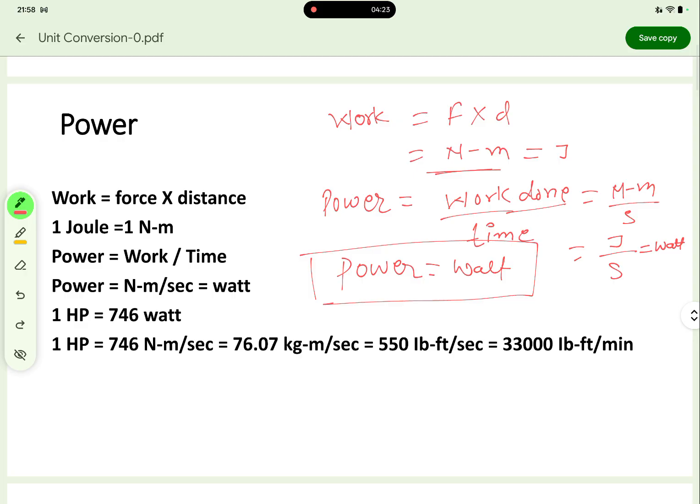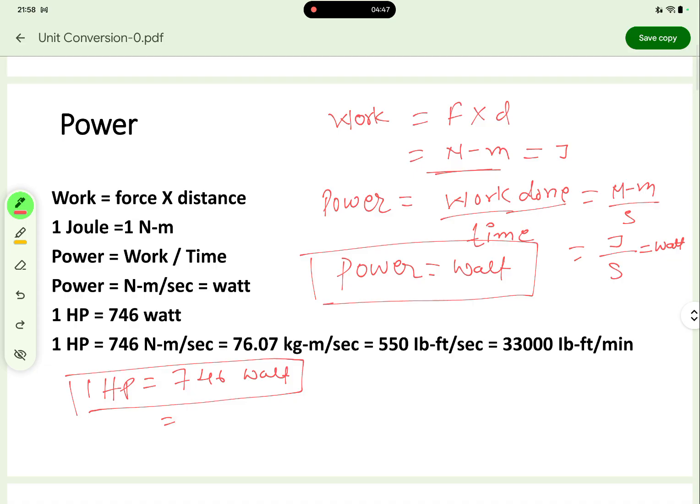Power in the field unit is represented in terms of horsepower, right? HP, and 1 horsepower is equal to 746 watt. This is a very important unit conversion, you need to remember that.